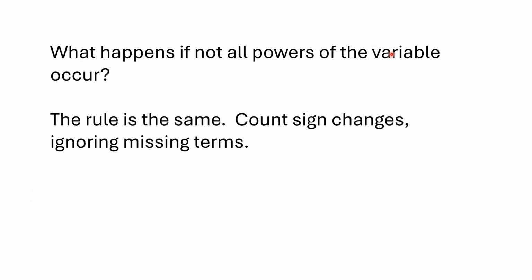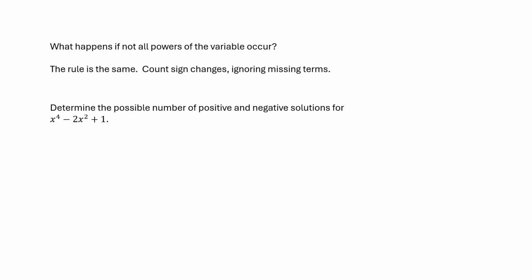Okay, what happens if not all the powers of the variable occur? The rule is the same. Count the sign changes, ignoring missing terms. x to the 4th minus 2x squared plus 1. We'll use that as our example.